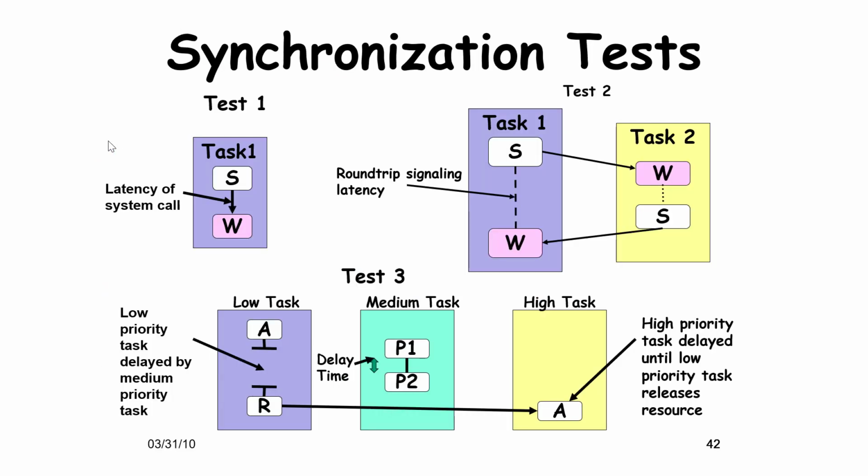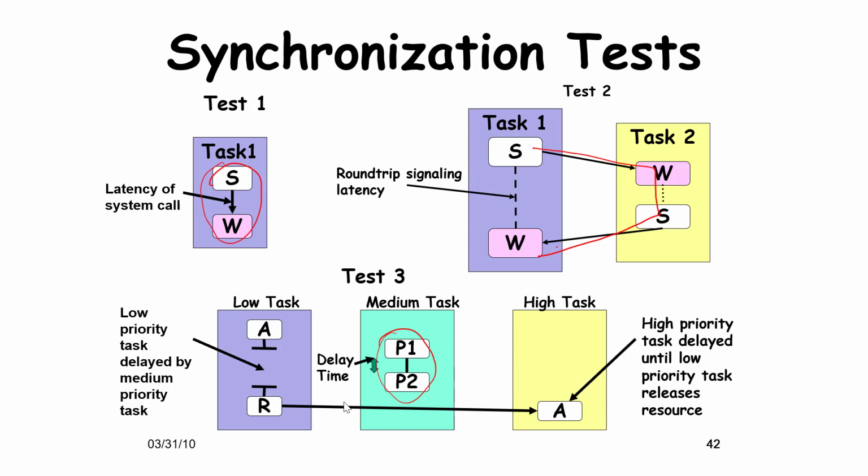So different synchronization tests can be done. You can do a latency of a single system call. It could be the latency of a round trip signaling in the sense signal, wait, then signal, and then wait. So this latency could be measured. If a low priority task is being delayed by a medium priority task, you could look at the delay and then you could see that.